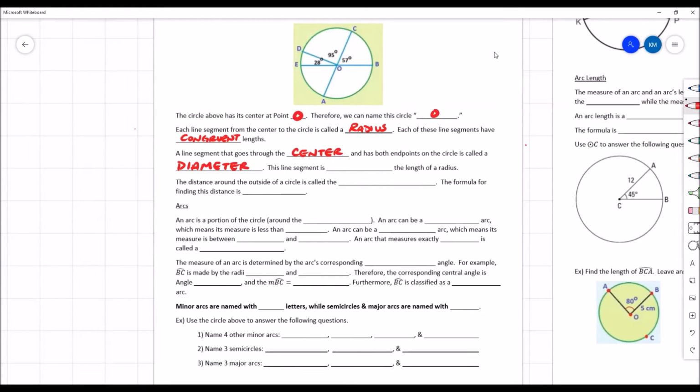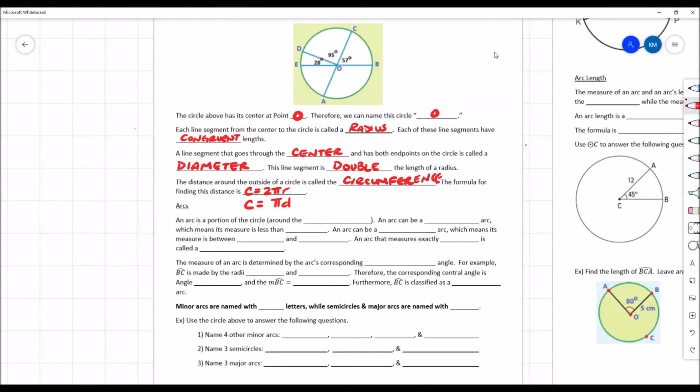This line segment is double the length of a radius. The distance around the circle is called the circumference, and the formula for this is circumference equals 2 times pi times r, or you might see it as circumference equals pi times diameter. Either way.